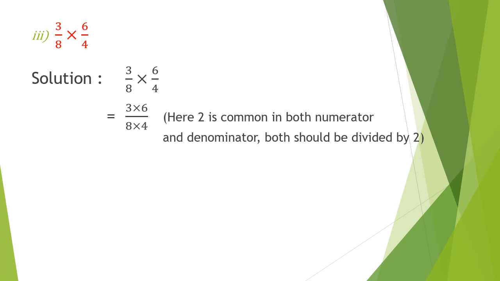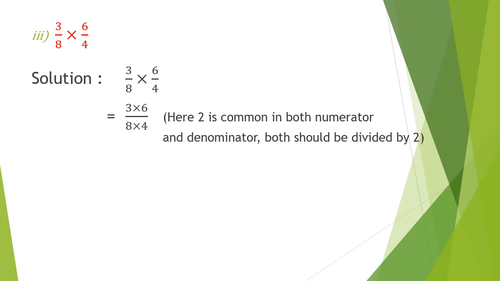Next question is 3 by 8 multiplied by 6 by 4. We can apply the rule of multiplication of a fraction by a fraction. That is multiply the numerators upon multiply the denominators. That gives 3 multiplied by 6 upon 8 multiplied by 4. Here 2 is common in both numerator and denominator.